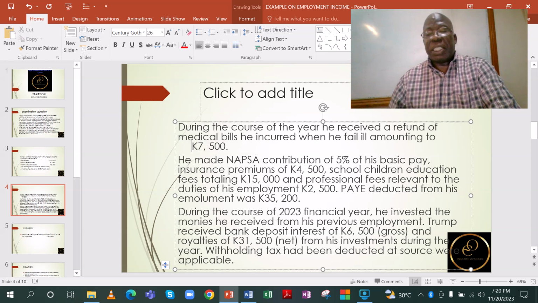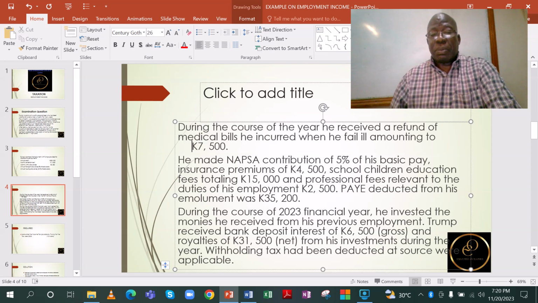Withholding tax had been deducted at source where applicable. That's what we have.